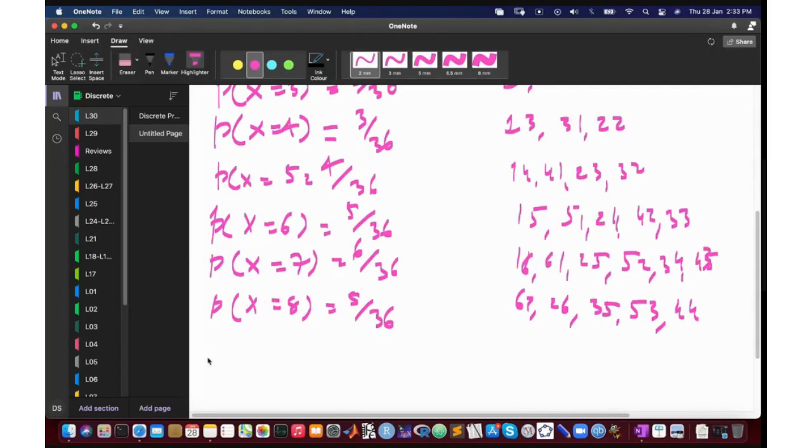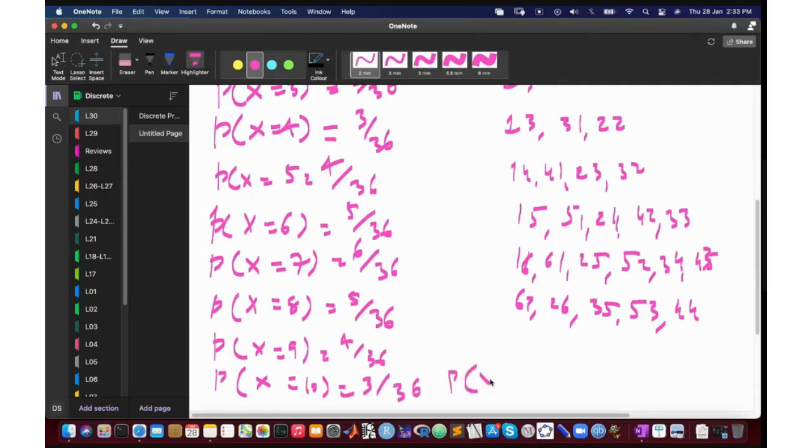But yeah, there is some pattern. For X equal to 9, you would get 4 over 36. For X equal to 10, it's 3 over 36. For X equal to 11, it's 2 over 36. And for X equal to 12, it's 1 over 36.